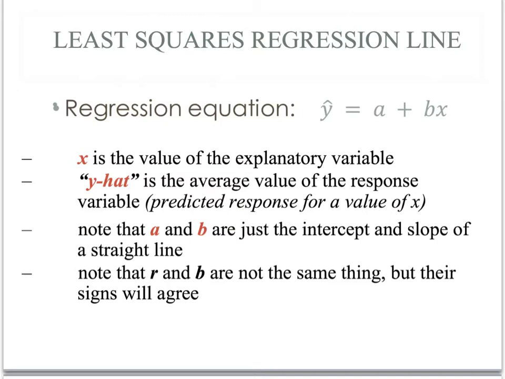And b in this equation would be the slope of the line. So if it's a positive relationship, b will be a positive number. If it's a negative association, b will be a negative number. Now, b is not going to be the correlation coefficient or the correlation that we did previously. They're not the same thing, but their signs are always going to be the same.